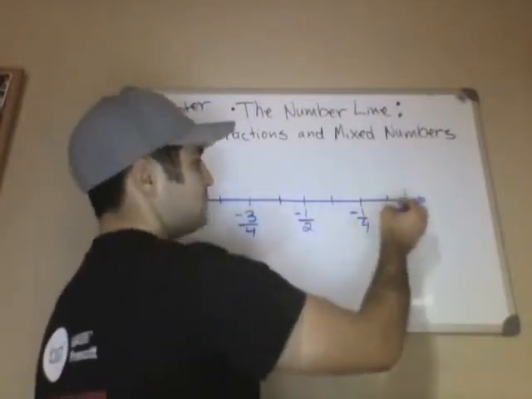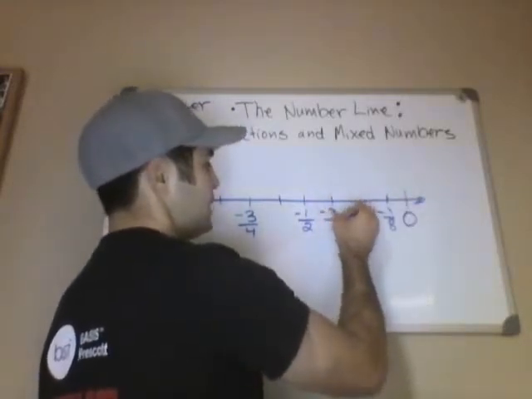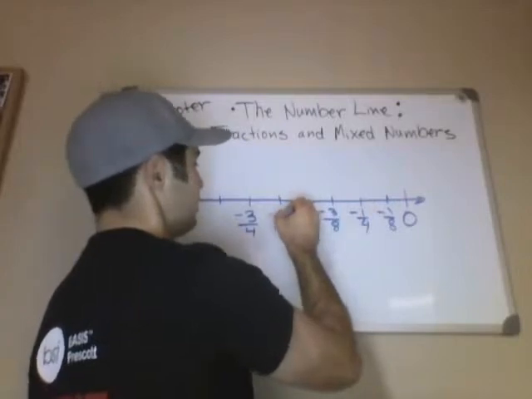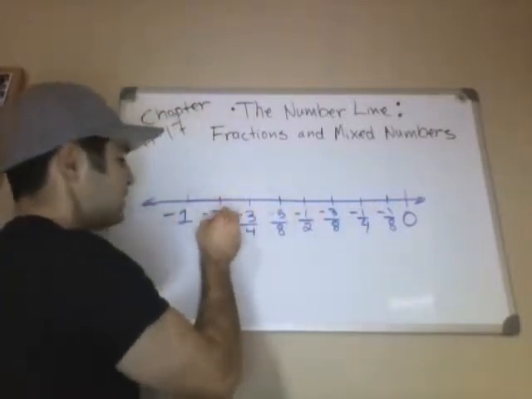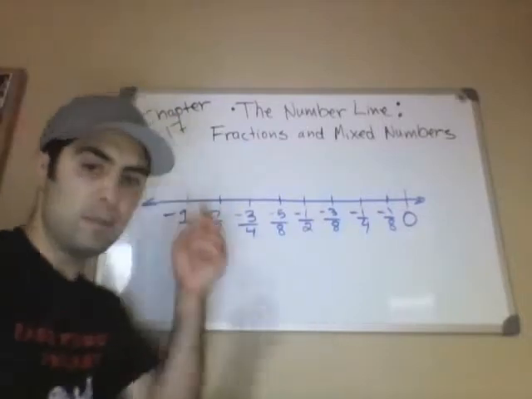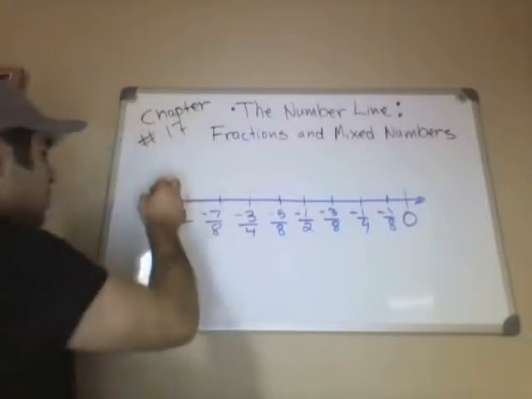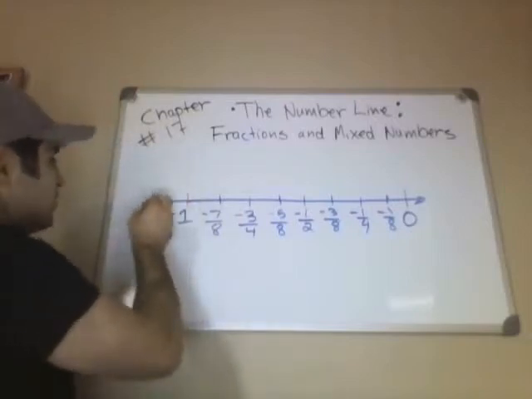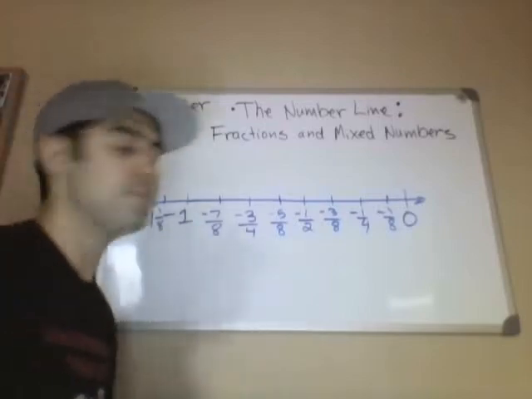Then we have our eighths. We have -1/8, -3/8, -5/8, and -7/8. So there's the negative side of the number line. Keep in mind, if you keep going, you're going to have -1 and 1/8 right there, and it just keeps going.